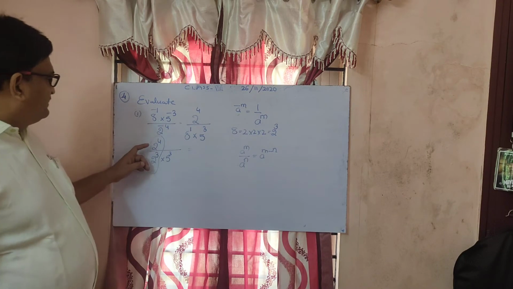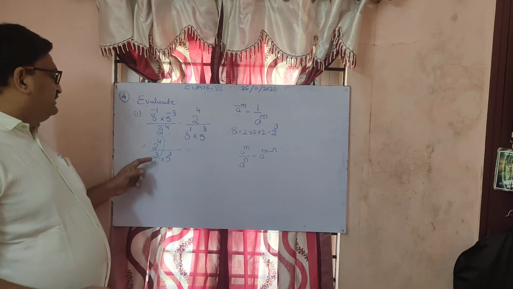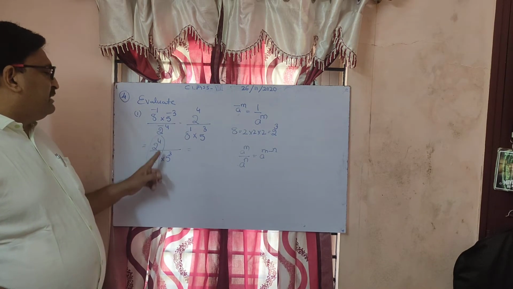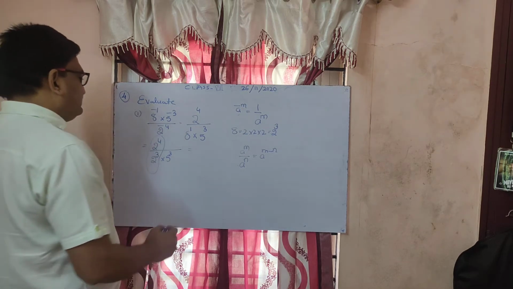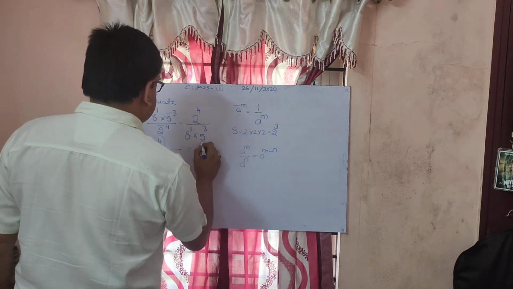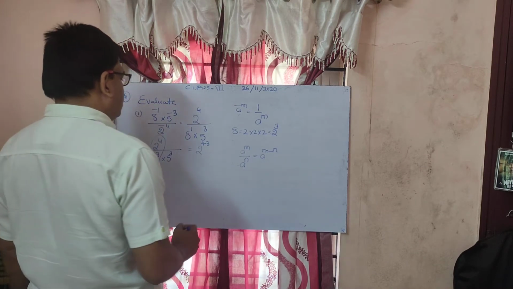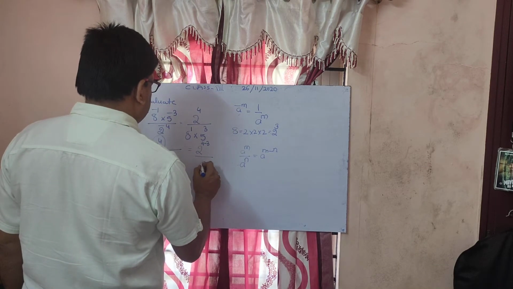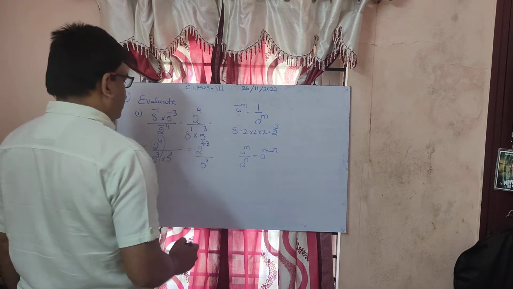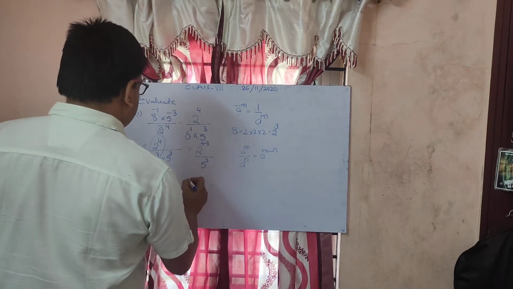Now you can see 2 to the power 4, 2 to the power 3. Means the bases are same and the powers are different. When the bases are same and the powers are different, then subtract the power of the denominator from the power of the numerator. Remaining is 5 to the power 3.